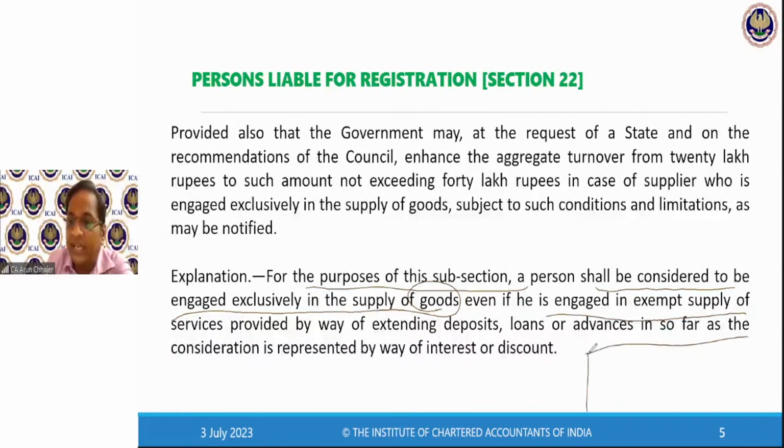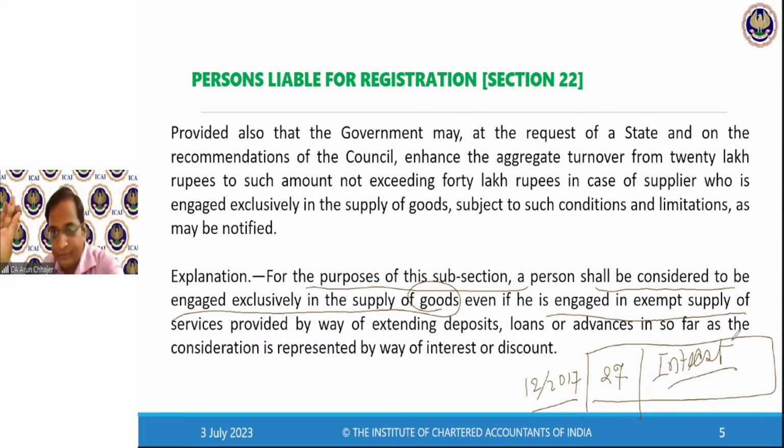If you see the exemption notification 12/2017, serial number 27 talks about interest being an exempted supply of service.